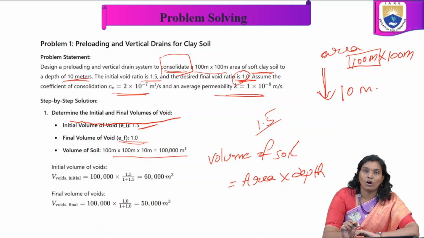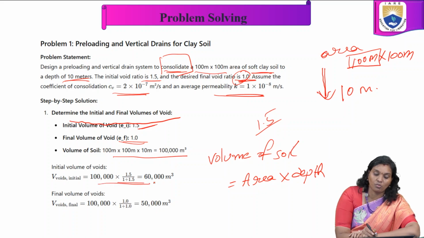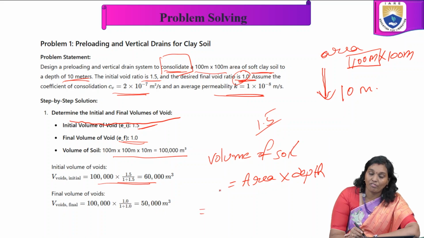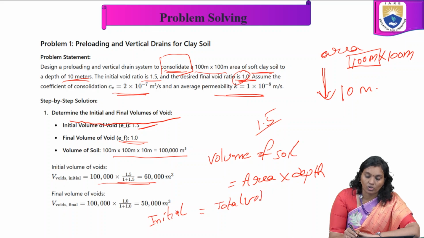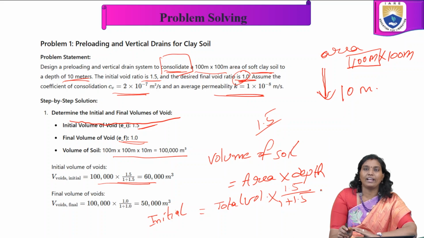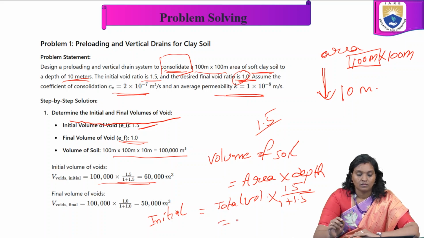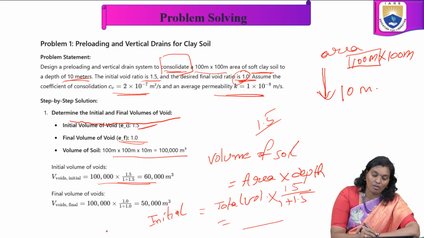Now the initial volume of voids is equal to the total volume multiplied by the initial void ratio, which gives the volume of initial voids.